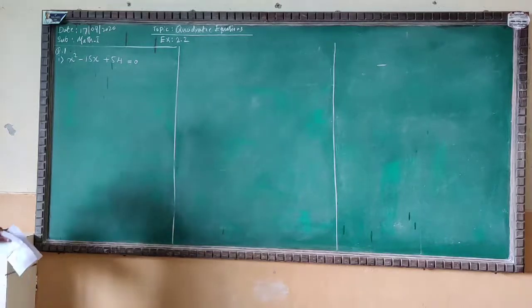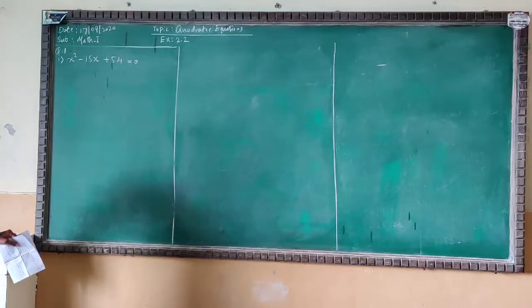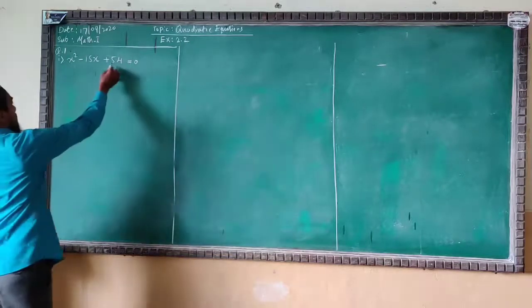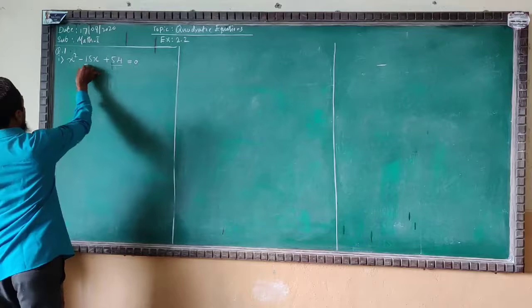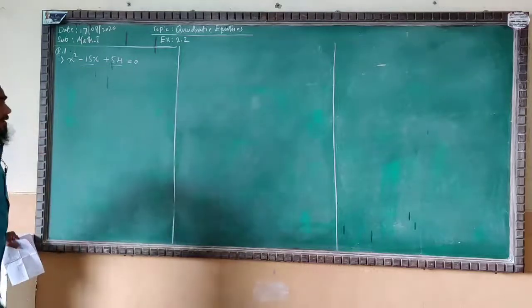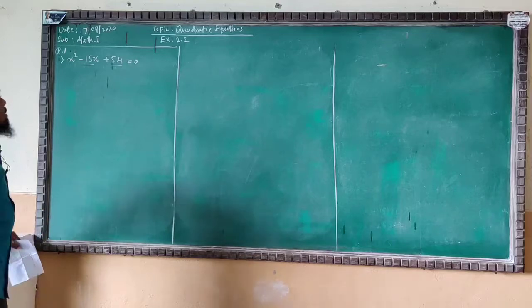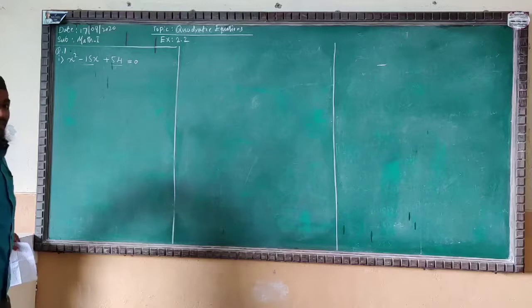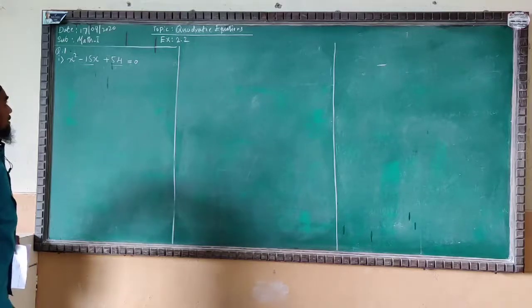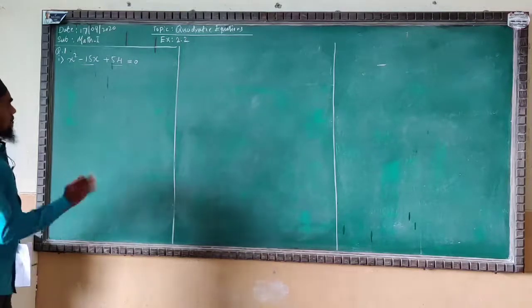This is the factorization. Here we have to see the first, third number and the middle number minus 15. The factorization we have seen in lower standards, 8th standard as well as in 9th standard. Here we will continue with the factorization method. Now we have to search two numbers.